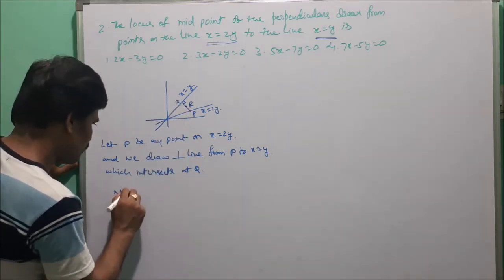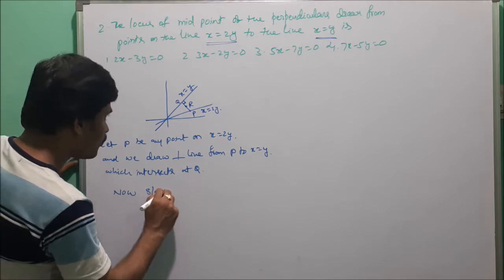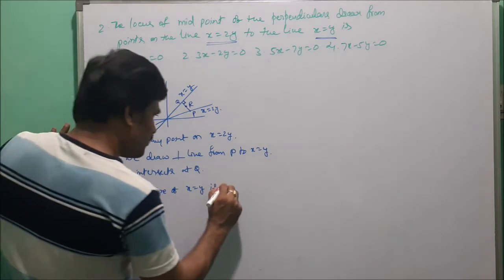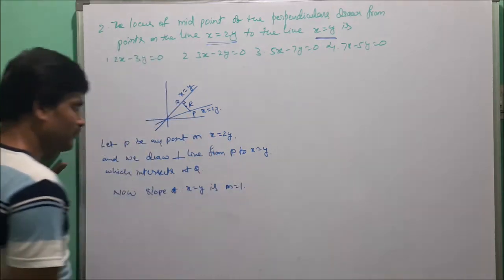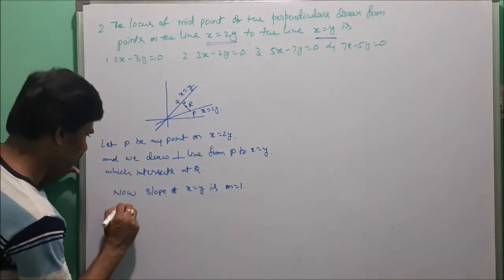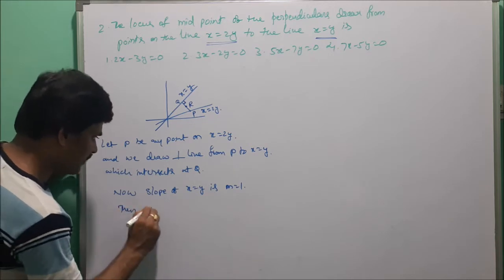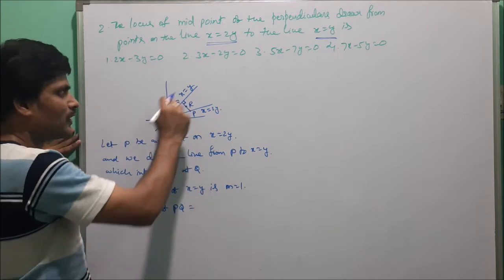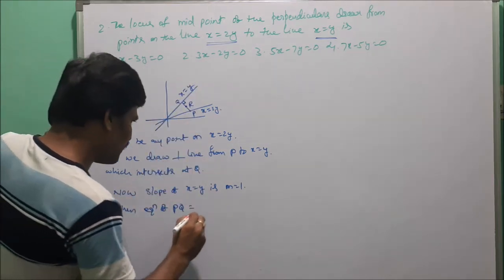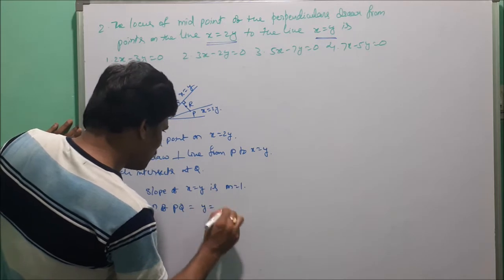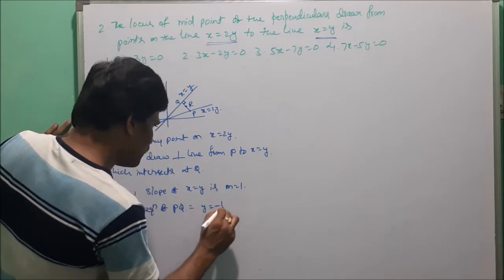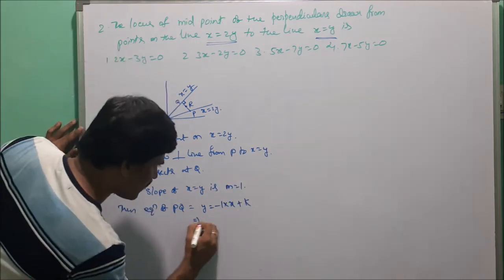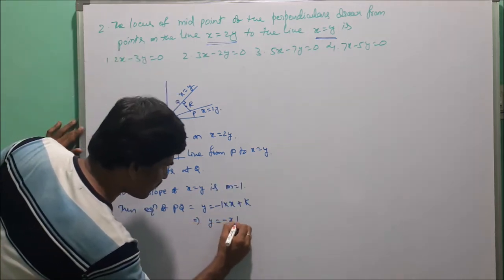Now the slope of x equal to y is m equals 1. Then the equation of PQ, which is perpendicular to x equal to y, is y equals minus 1 into x plus some constant k, which implies y equals minus x plus k.